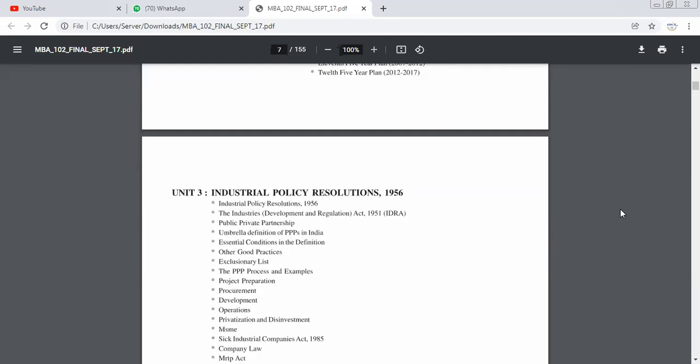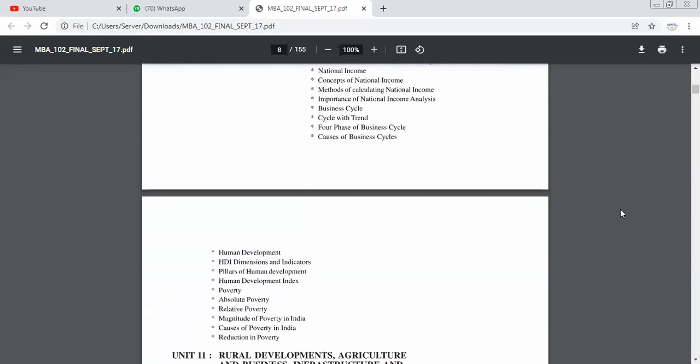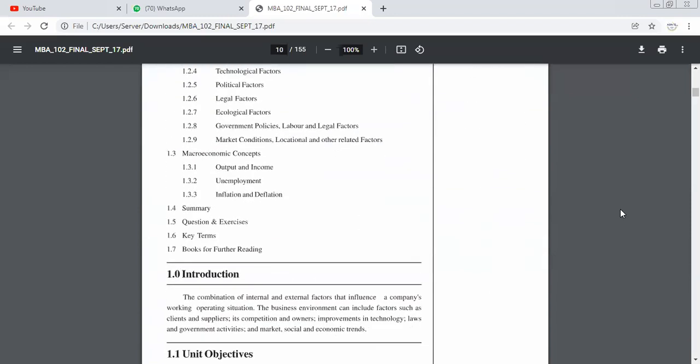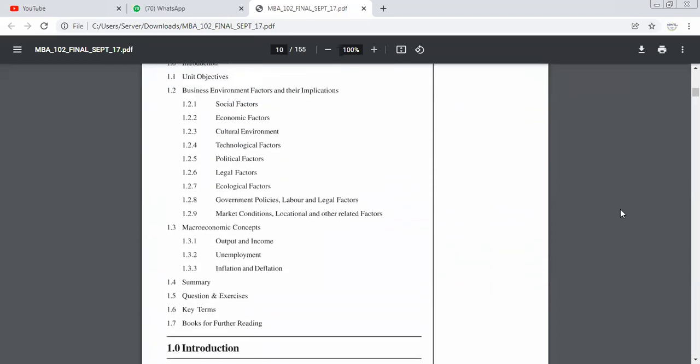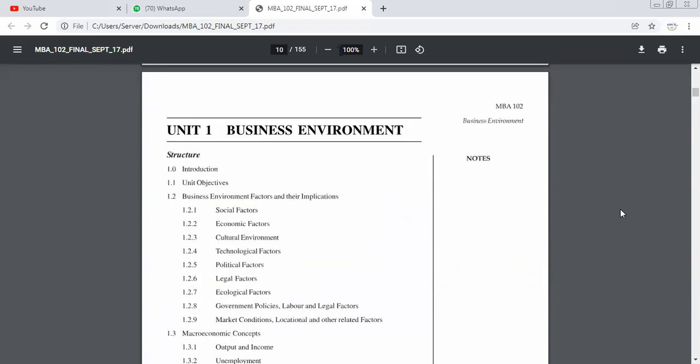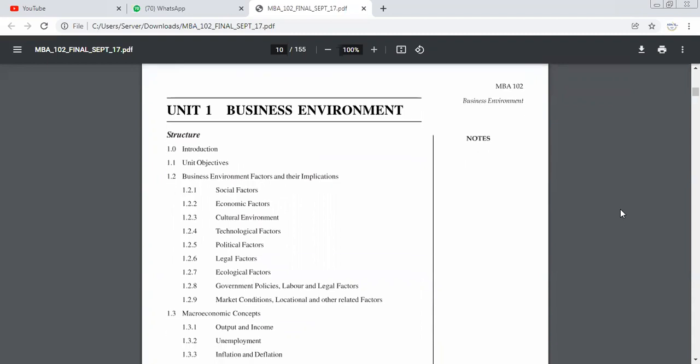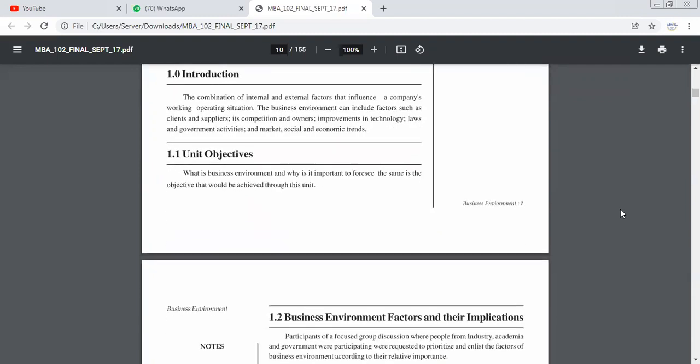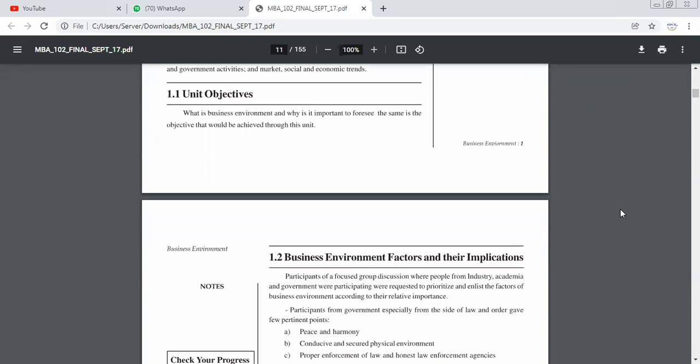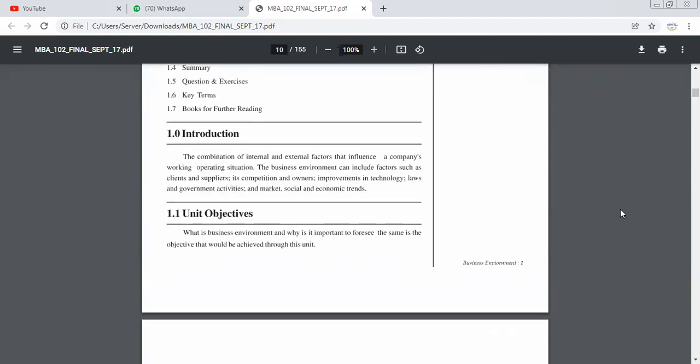In the first chapter we are going to study the introduction and the objectives, and then the business environment factors and their implementation.